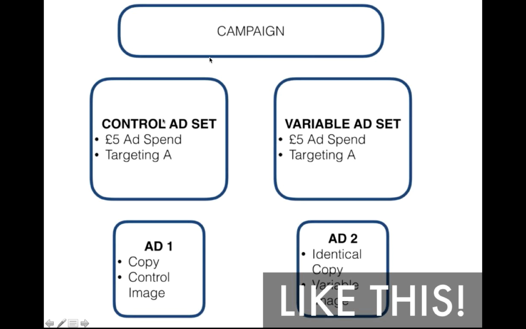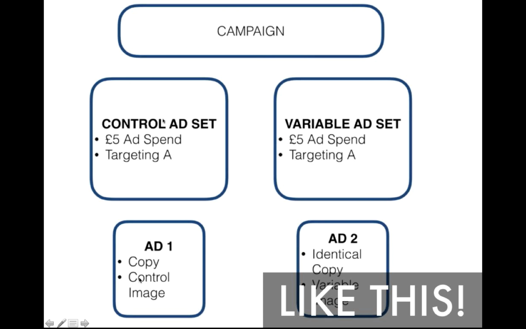So we've got our campaign, and let's say we have our control ad set. Usually this is our winning one, so let's pick your best ad set and your best ad. Let's say these two ad sets are the same: the targeting, the interests and the demographics are the same, but the image is different. Remember, that's all linked, so you have the copy exactly the same on both ads.